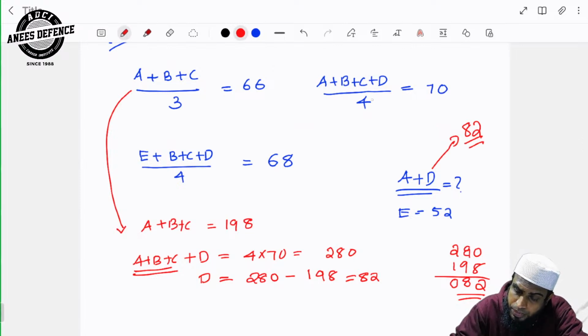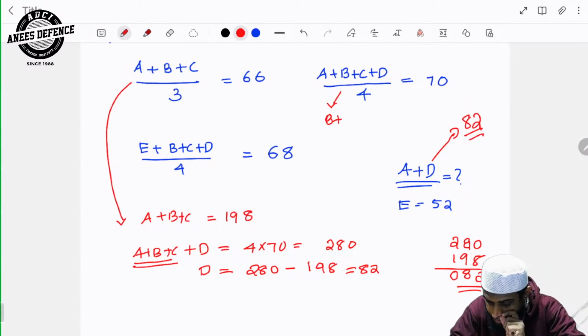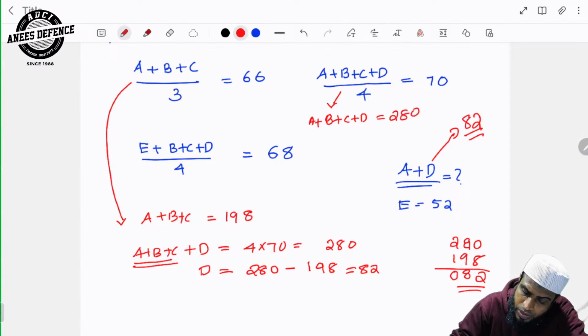From this relation, A plus B plus C plus D equals 280.